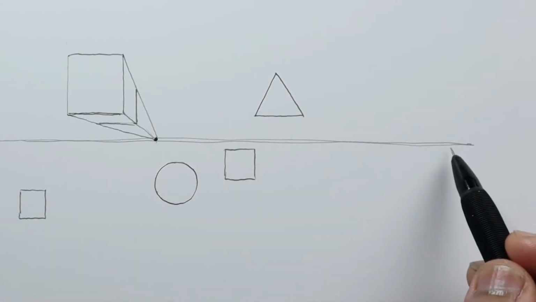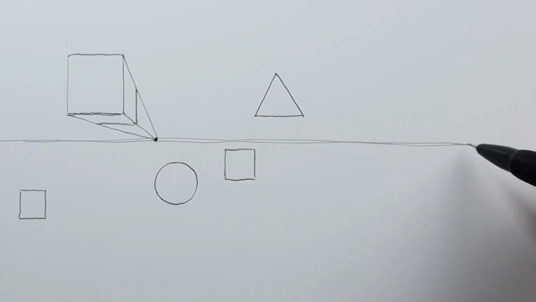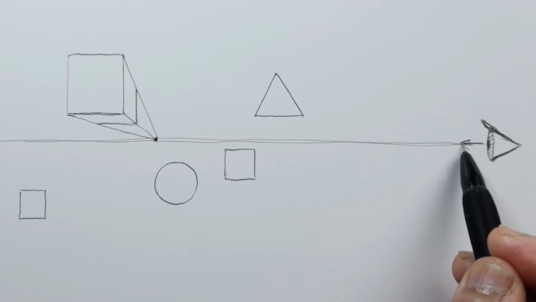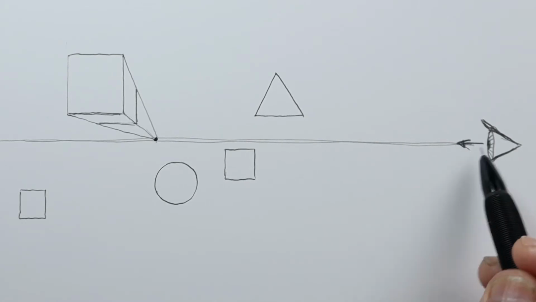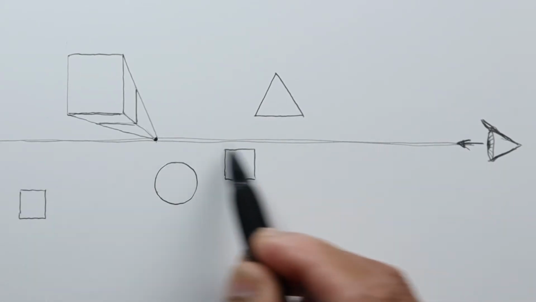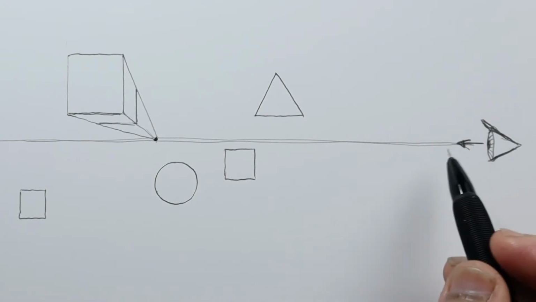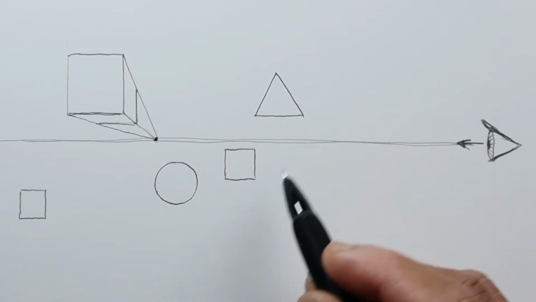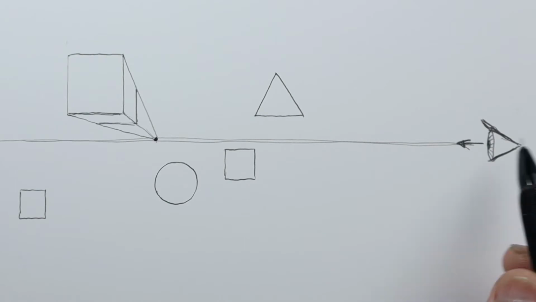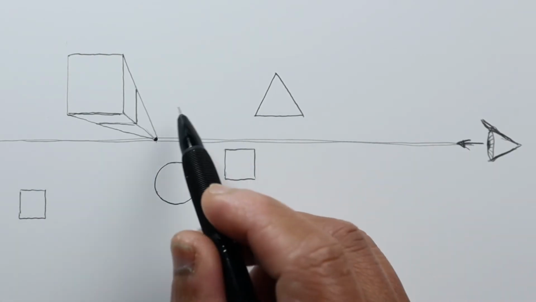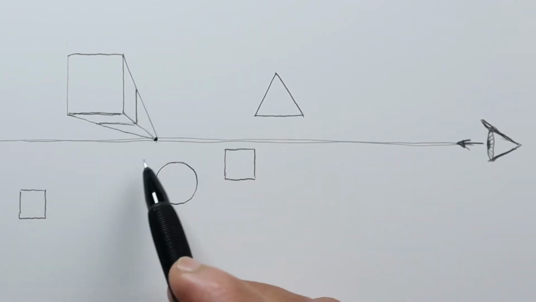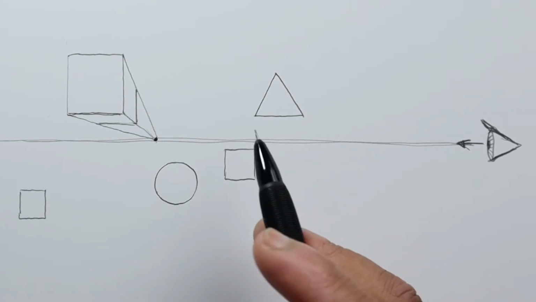The horizon, by the way, is basically an indication of your eye level. So let's just draw an eye out here. This horizon line or eye level shows what's above and below what you're looking at. Anything above this horizon line, you're looking up at it. Anything below, you're looking below.